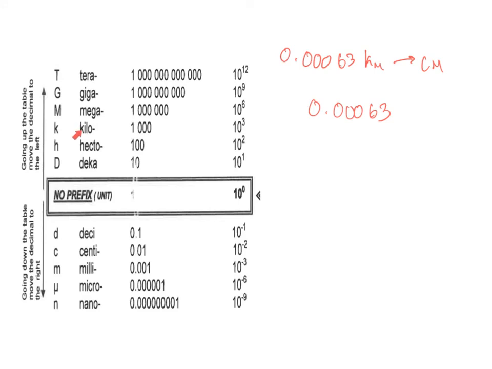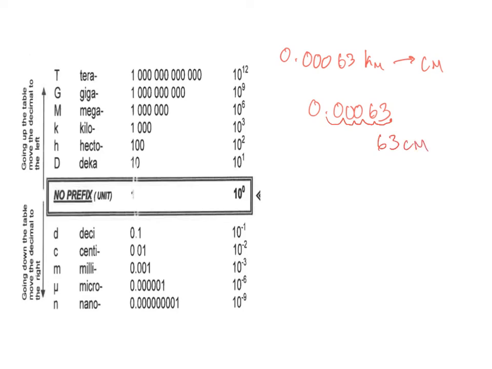We're moving from kilo to centi. So we're moving down the chart. Our decimal point will move to the right. In order to get from kilo to our base unit, we move 3 decimal places. And then to get to centi, we'll move another 2. So we're going to move a total of 5 decimal points to the right. 1, 2, 3, 4, 5. For a value of 63 centimeters.